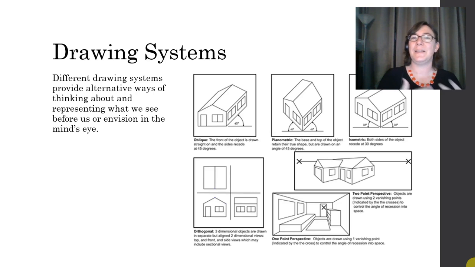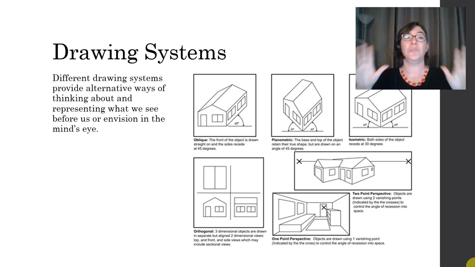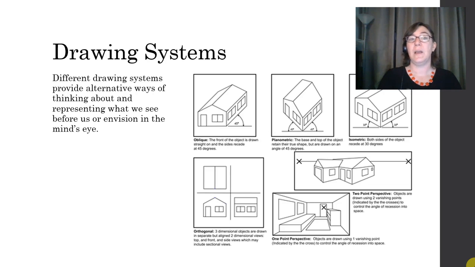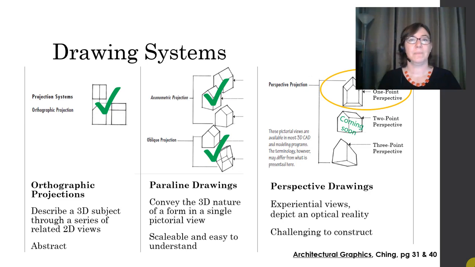So you've seen this slide before of different drawing systems. Each of these different drawing systems provide alternate ways to think about and represent a physical object or a design that we see and envision in our minds. In this class, we've talked about orthographic projections and paraline drawings such as isometric and oblique.